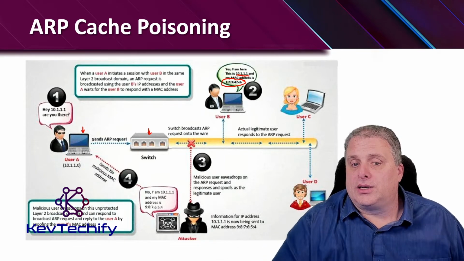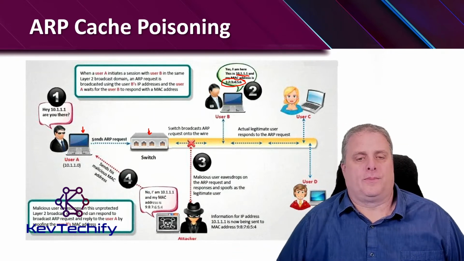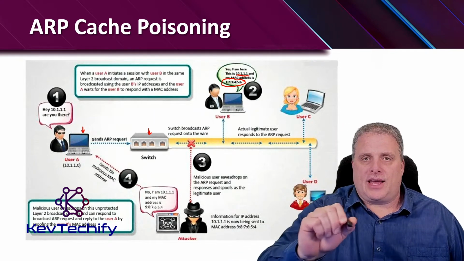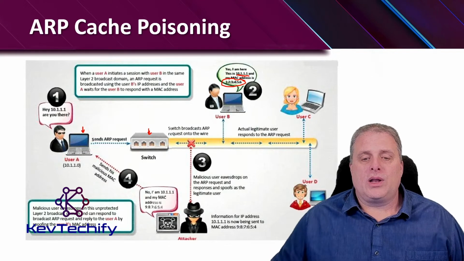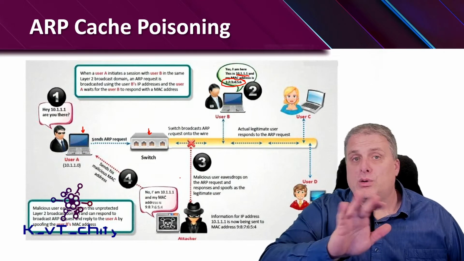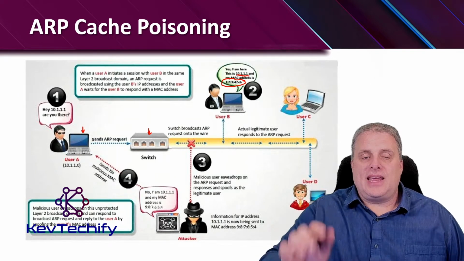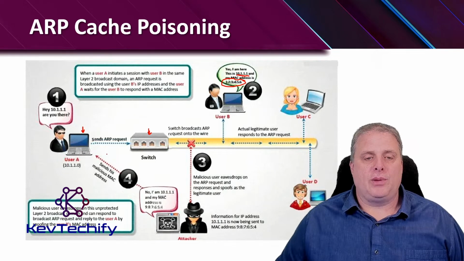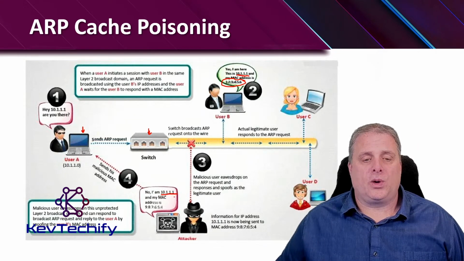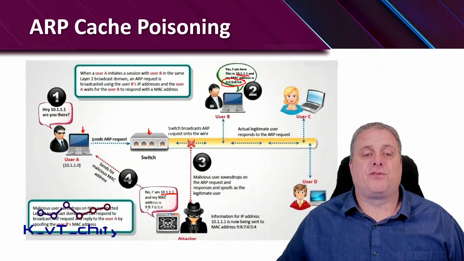Our threat actor can hear that original ARP request go out, and then it can reply back with its own information, even though it's wrong, even though it's not their MAC address. That reply says, hey, I am your IP address, 10.1.1.1, but my MAC address is 987.654.